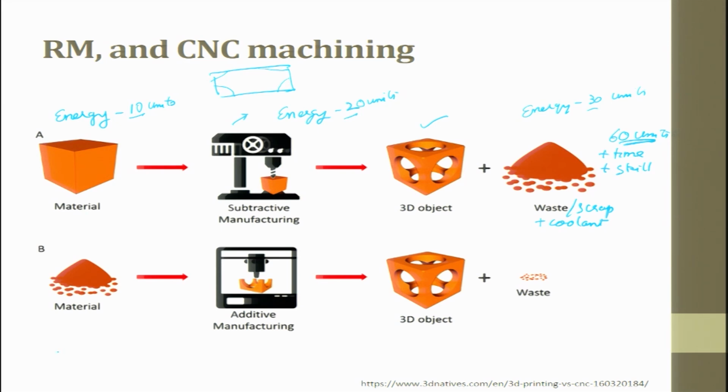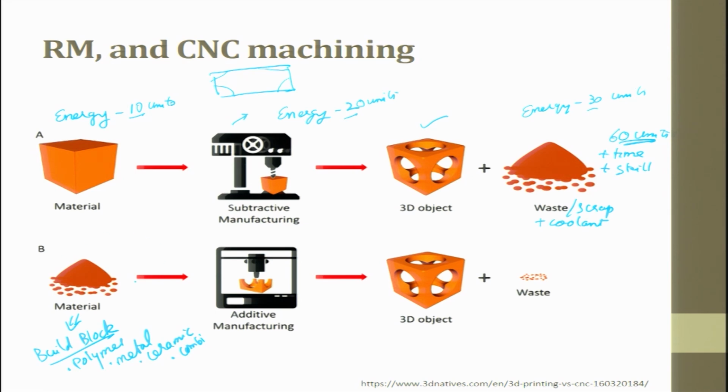When you go by the additive process, you have material. These materials are nothing but building blocks. This can be polymer, this can be metal, this can be ceramic, or you can also have a combination of whatever you want.